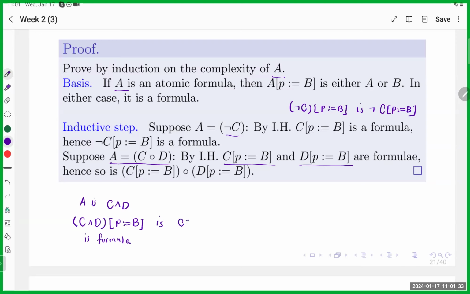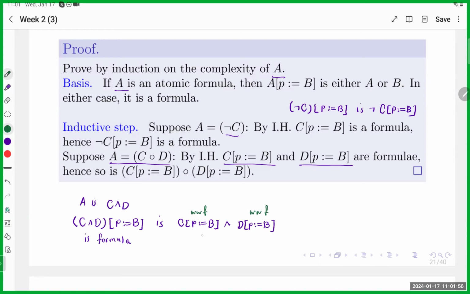This is C with P replaced by B, and in D you replace P with B. This is a well-formed formula, and this is a well-formed formula.